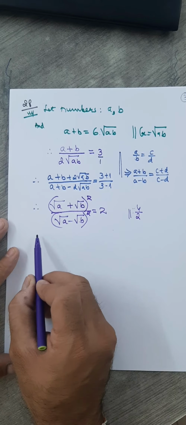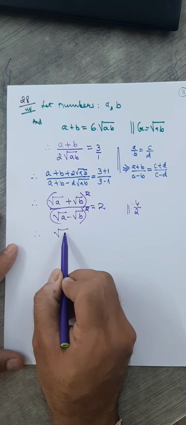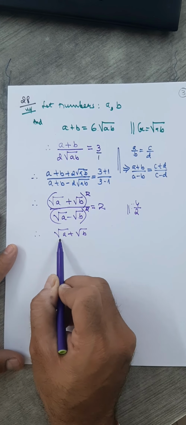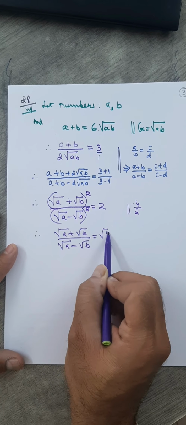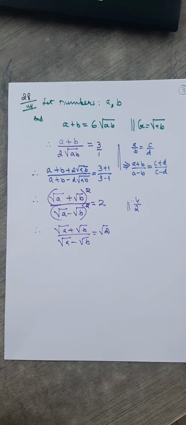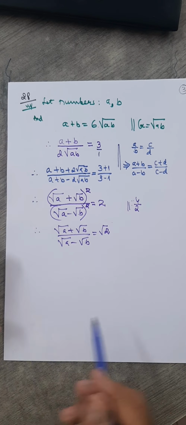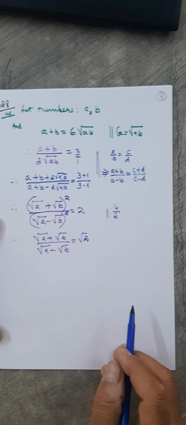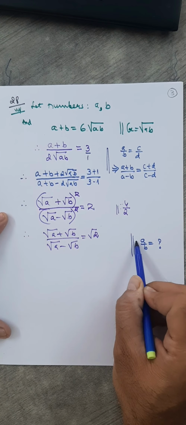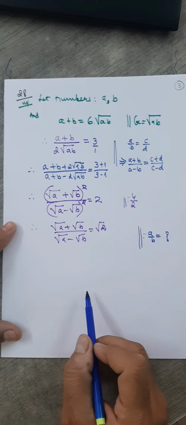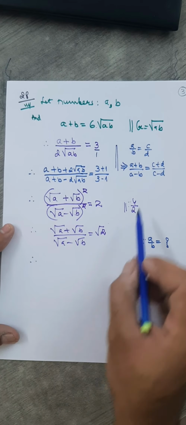Fine. Now you can take the square root, just taking square root. So root a plus root b upon root a minus root b equals root 2, taking square root. Now again I'll do the same thing because I'm interested to get what I want. I want this a by b. This is the question. I want this. Okay, so I'll use the same concept.